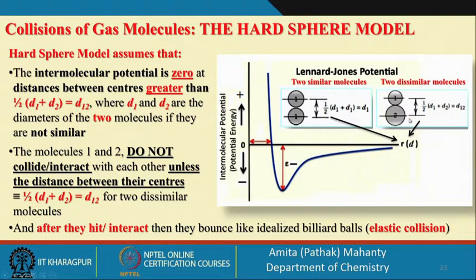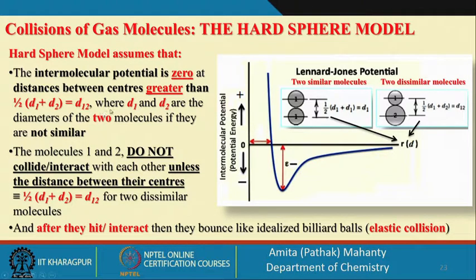So, this is for two dissimilar molecules, and this is for similar molecules. The molecules 1 and 2 do not collide. When will these molecules collide and when will they not? These two molecules do not collide or interact, 1 and 2, or we can consider one type of molecule, similar kind of molecules, unless the distance between their centers is equal to this.